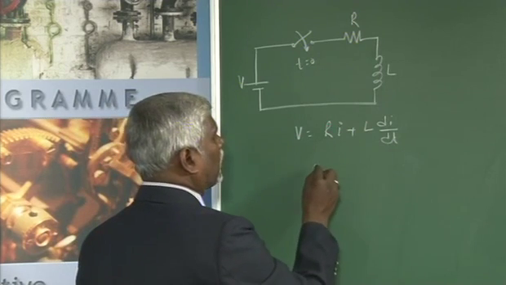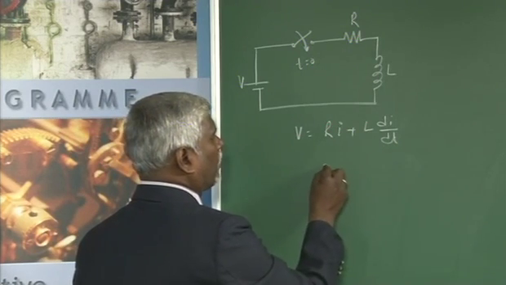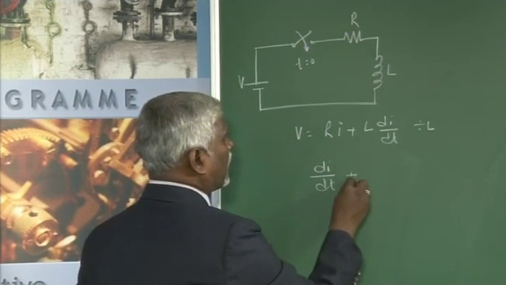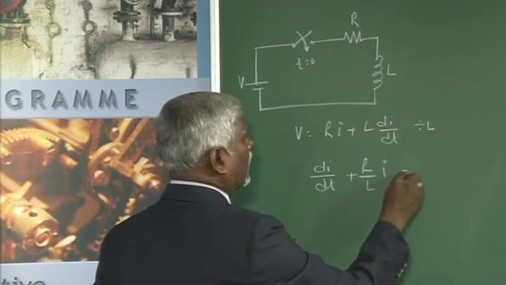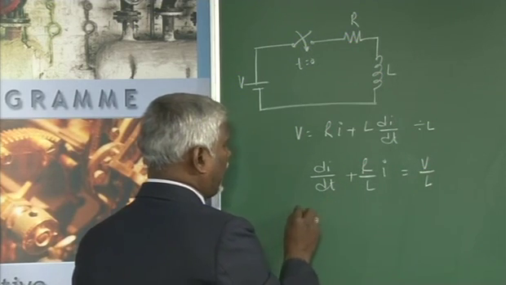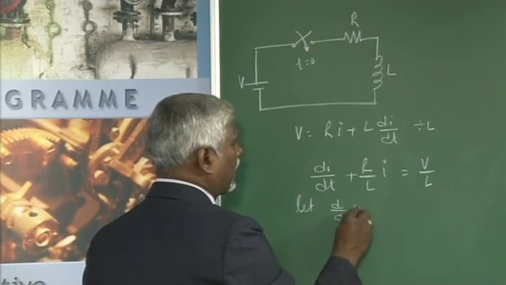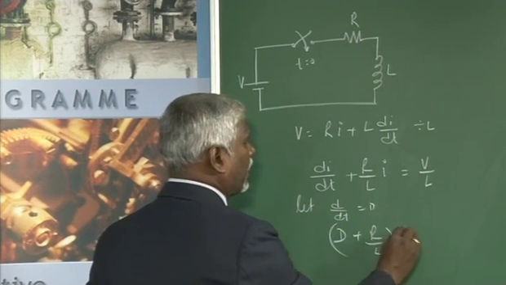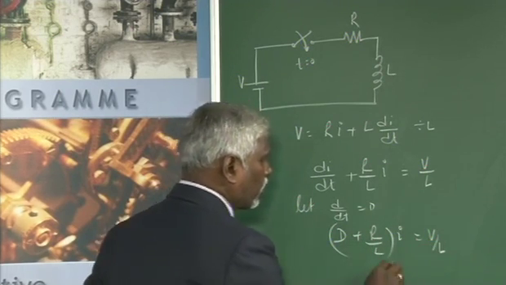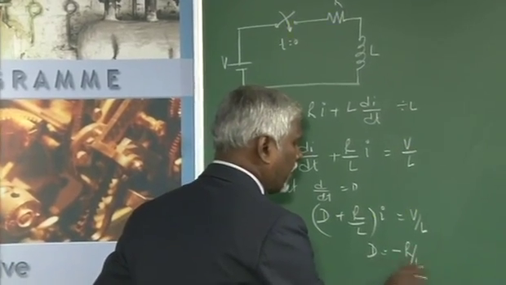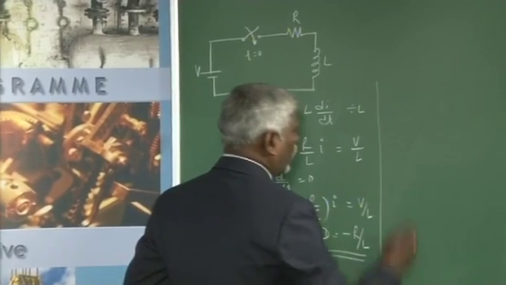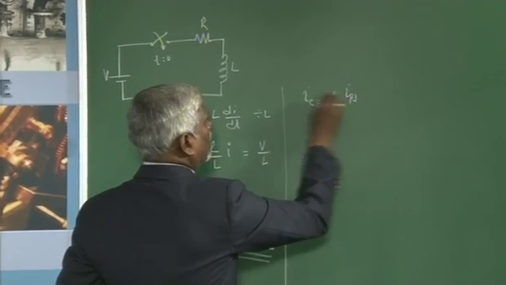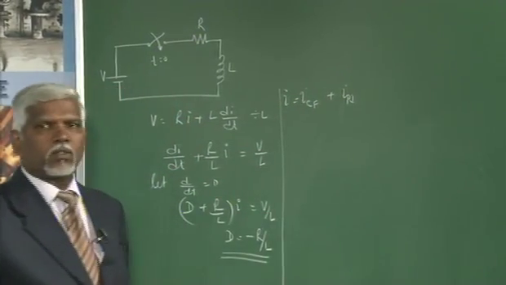Get it in the standard form: divide throughout by L, di by dt plus R by L into I equal to V by L. Let d by dt equal to D, therefore D plus R by L into I equal to V by L. Therefore, the root of this equation is D equal to minus R by L. So, in the last class we saw we have the complementary function I_CF plus I_PI as the two components of your current.